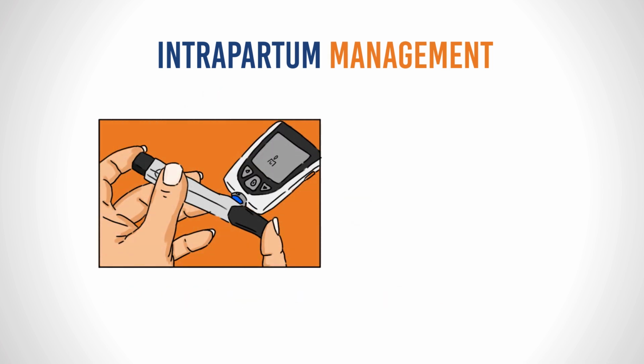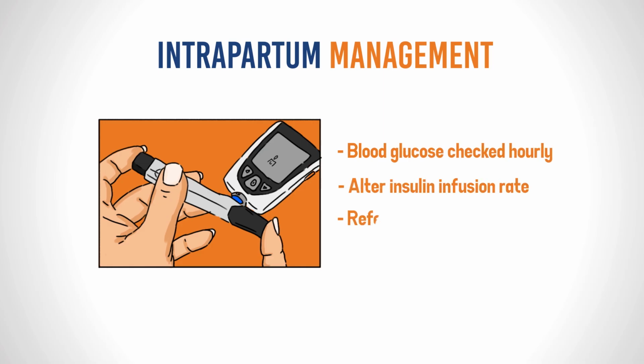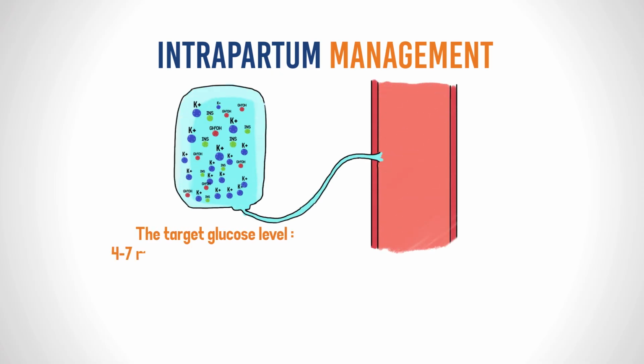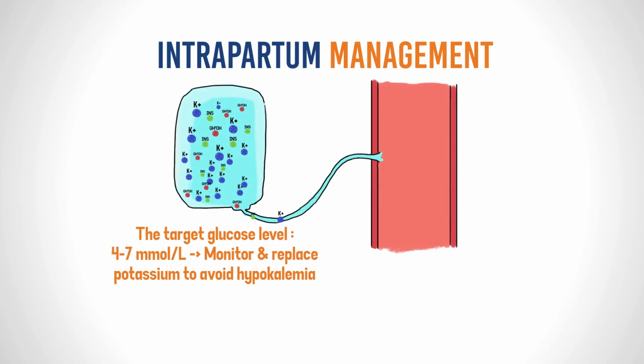The capillary blood glucose is checked hourly and the insulin infusion rate altered according to sliding scale and the individual daily insulin requirements. The target glucose level during labor and delivery is between 4 to 7 millimolar per liter. Insulin drives extracellular potassium into the cells. It is important to monitor and replace potassium in the intravenous dextrose to avoid hypokalemia.